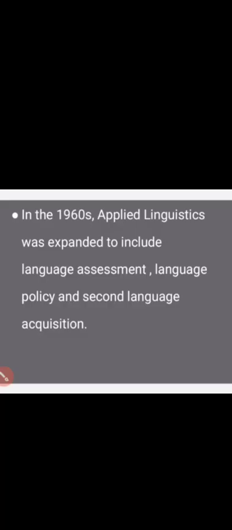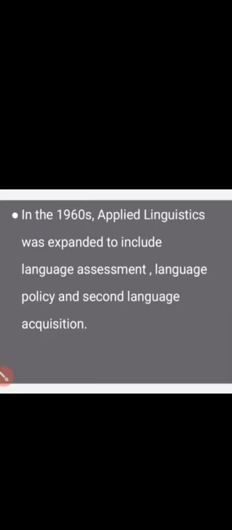From just dealing with phases of linguistics in terms of principles and practices, the matter suddenly in the 1960s turned out to cover extra items including assessment, language policy, and second language acquisition.